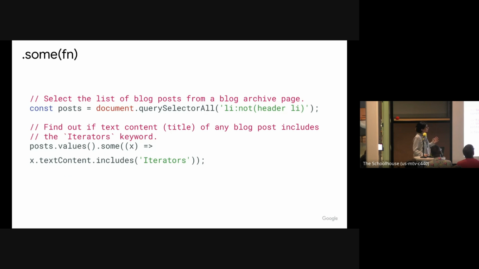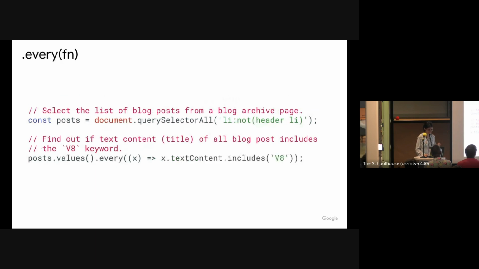Some returns true if at least one of the iterator values returns true when the function is applied to it. Like you can find if any of the blog posts in our list includes iterators in their title in this example.